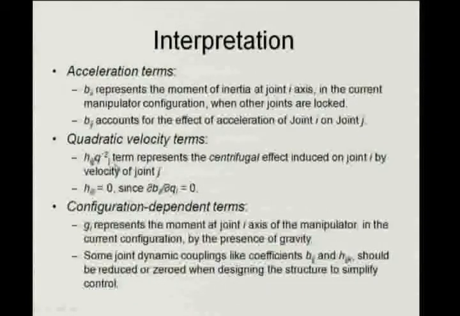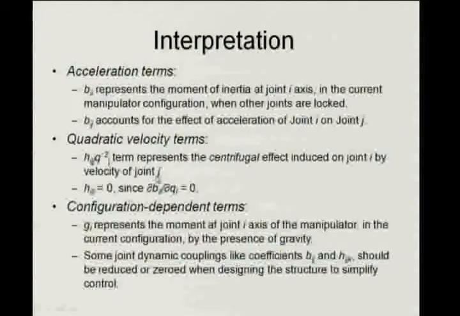This is like an r omega squared term. There are 2 j's here and 1 i here. So this is the force at joint i caused by the angular velocity of joint j.